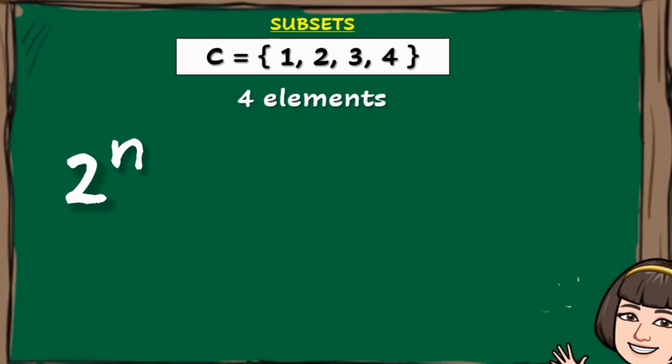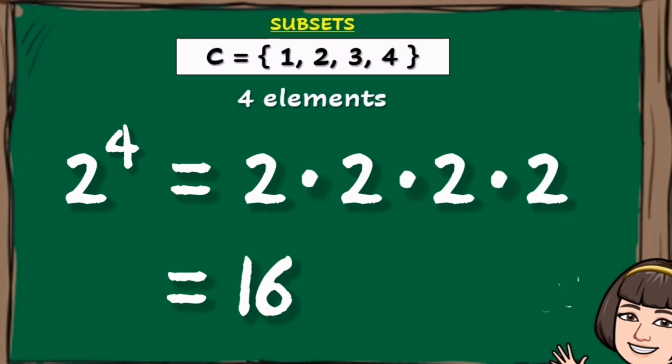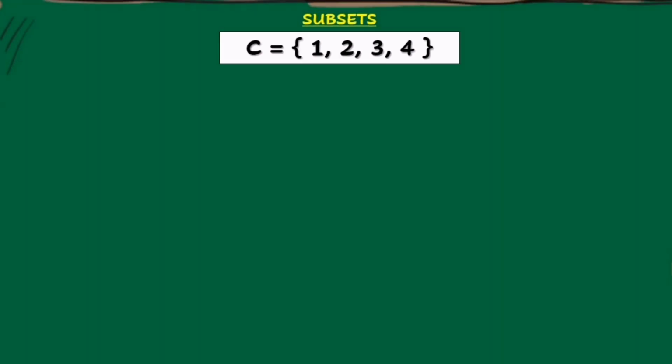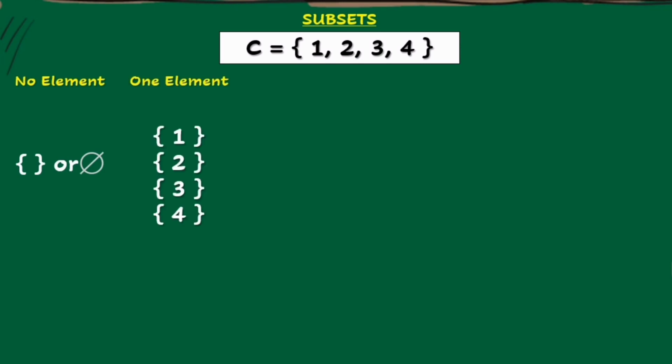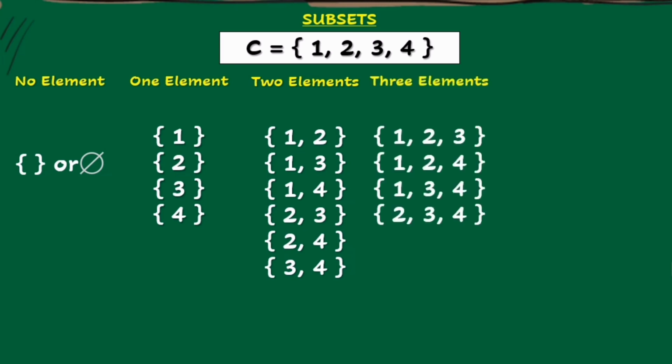Using this formula, we substitute 4 for n, which is now 2 raised to 4. 2 times 2 times 2 times 2 is equal to 16. So, we must be able to form 16 subsets. Let us start with the subset with no element, 1 element, 2 elements, 3 elements, and 4 elements.